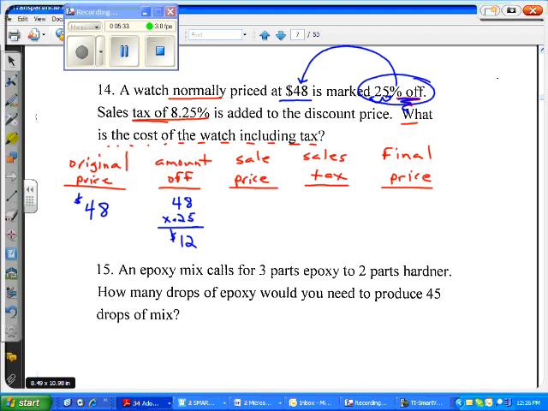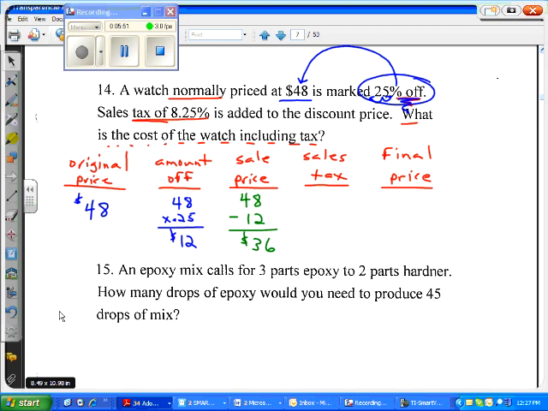Understand that? To find the sale price, we take our original price, which was $48. We take off the amount off, which leaves us with a sale price of $36.